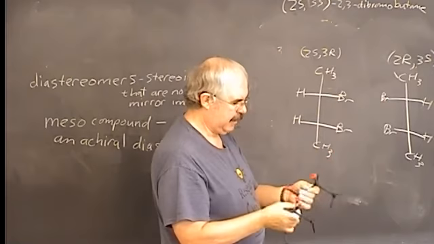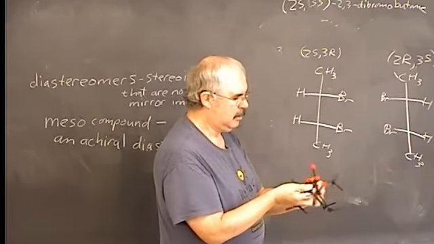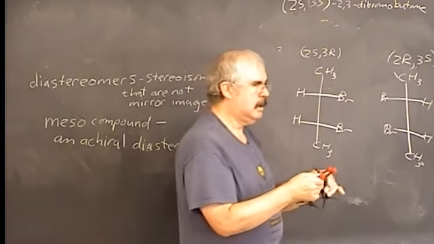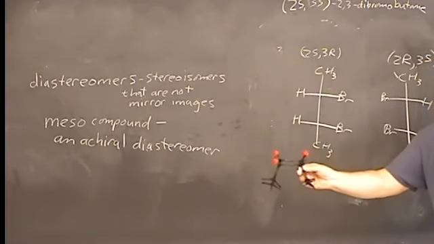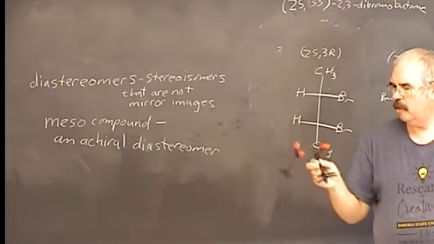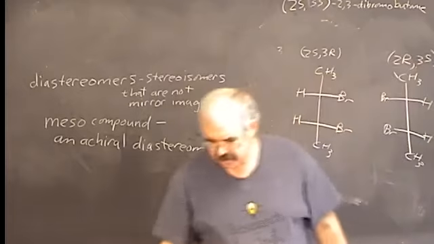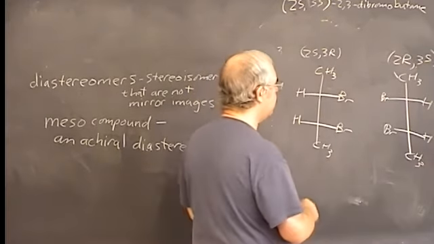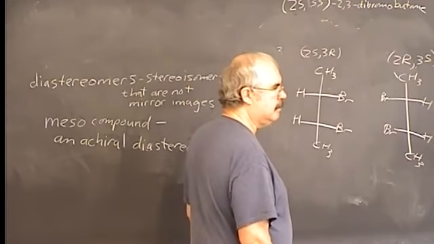And it turns out that when we line these up, they are in fact superimposable. We can line up all four groups at the same time. And so these are superimposable, so they are not enantiomers. Okay, so how are they related? They're the same compound.